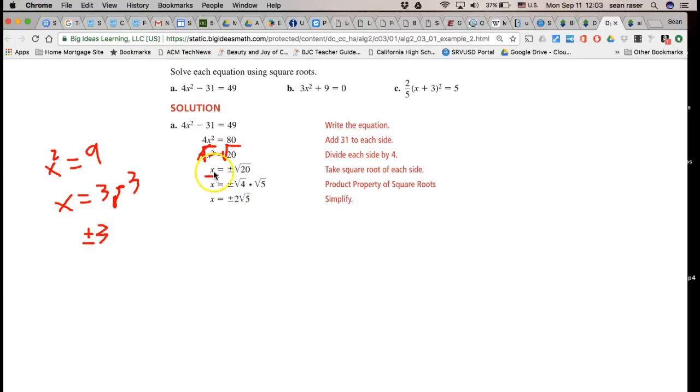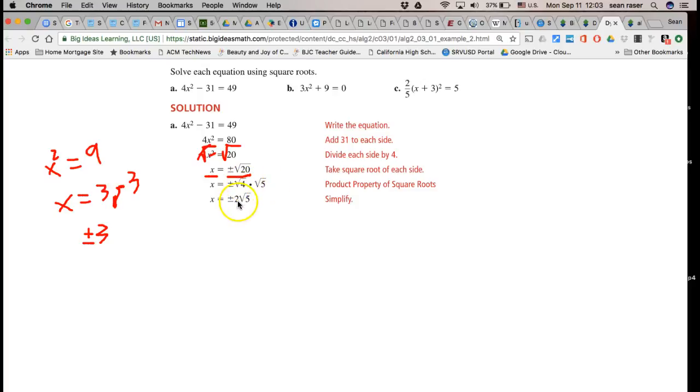So here we get x equals plus or minus root 20. If you forget to put the plus or minus, you're missing half your solution, so that's not completely correct. Now, to simplify, again, this is going back to Algebra 1 when you learned how to simplify radicals. We factor out. We see that 20 is just 4 times 5, which is the square root of 4 times the square root of 5.